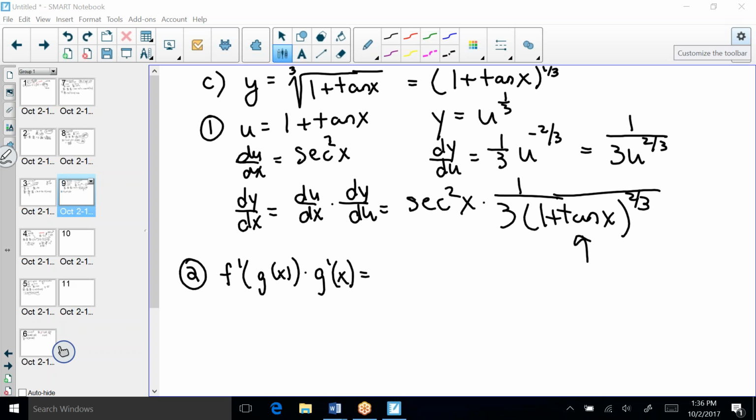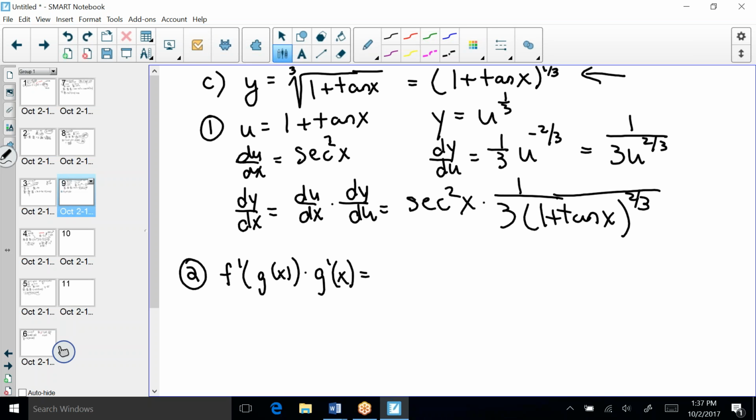All right, then let's do this same problem using our functional notation this time. So remember what we're looking at is f prime of g of x times g prime of x. So we have to find f prime. So that's the derivative of the outside. So we're looking at this function right here.